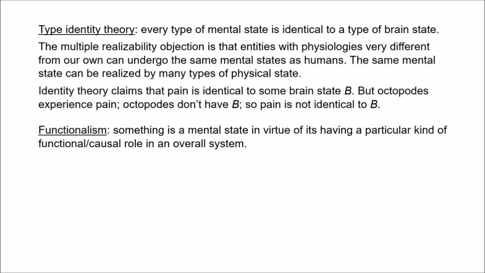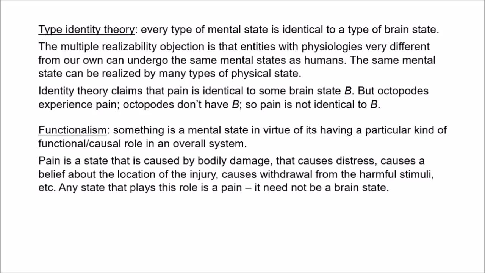According to functionalism, mental states are identified not with some underlying physical structure, but with a particular causal profile. So a mental state is defined by the kind of causal or functional role that it plays in the overall system of which it's a part.